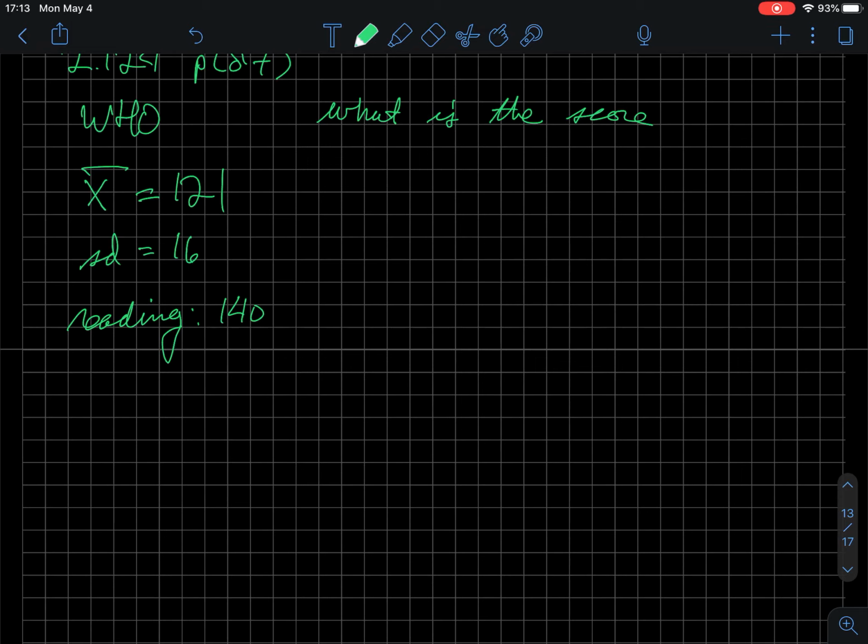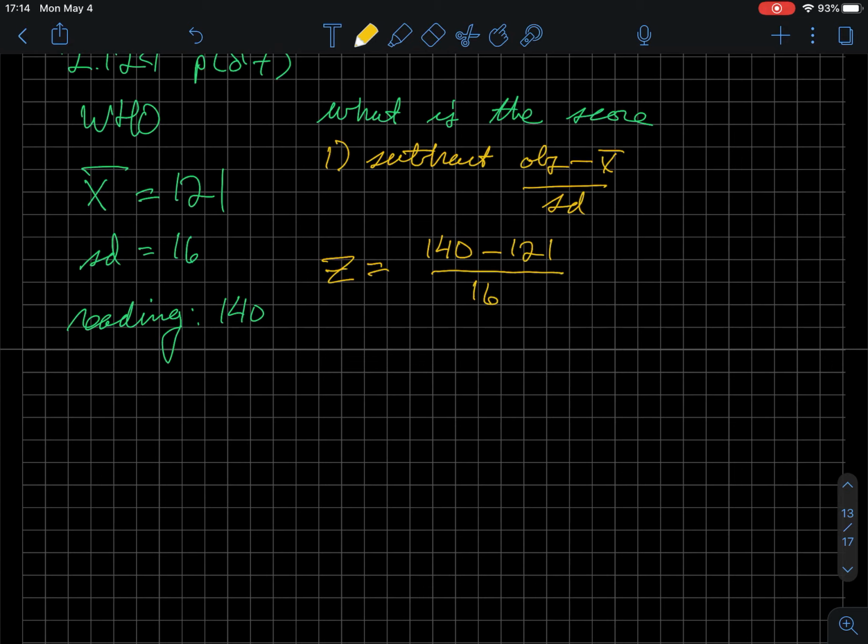For this particular problem, we subtract the mean from the observation and divide by the standard deviation. So z is equal to 140 minus 121 divided by 16.